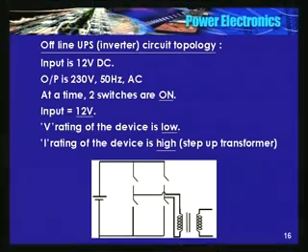Single phase, and I am assuming that I will use a full bridge with 4 switches. See here, a full bridge VSI. So at any time 2 switches are conducting.